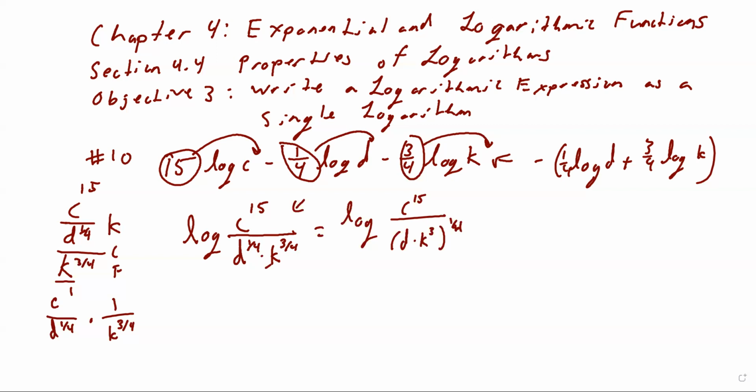So then your final result, most likely what your homework's going to want, is this guy right here: C to the 15th over the 4th root of D times K to the third power. Again, totally acceptable here. Most likely what your homework was going to want. However, they might accept this as an alternative answer, whatever they give you. So they might take that, so you might not have to do all this work. But if they do, I want you to understand that as well.